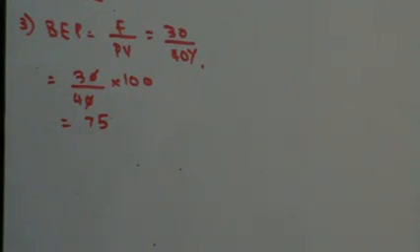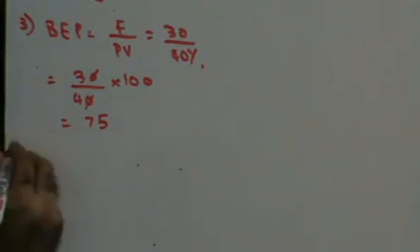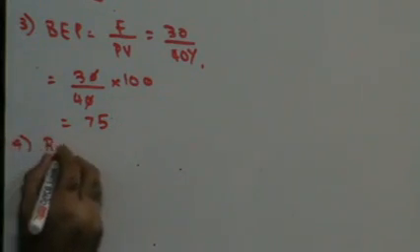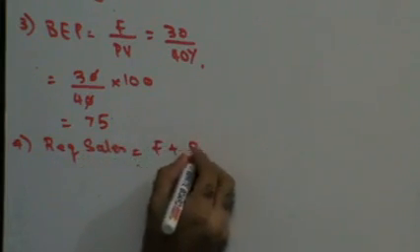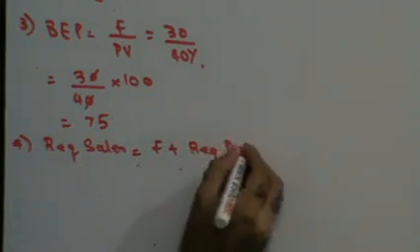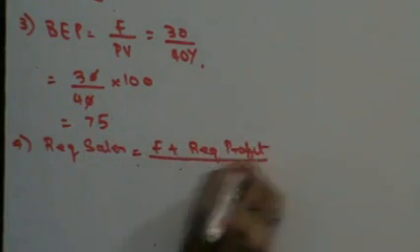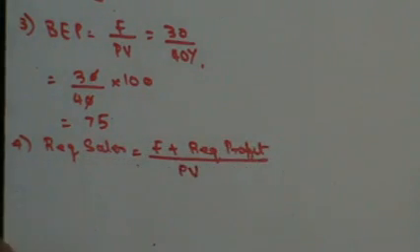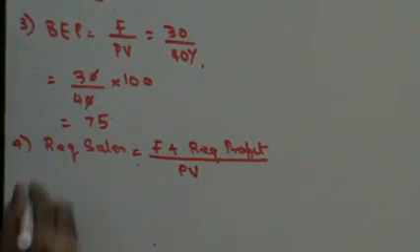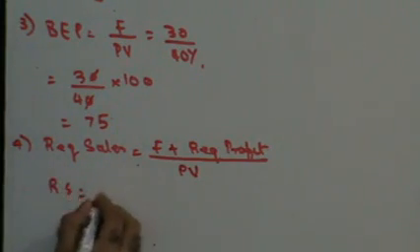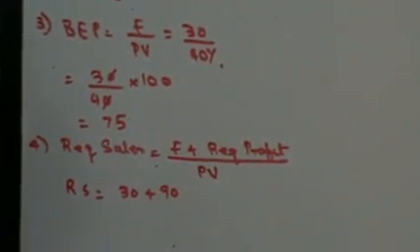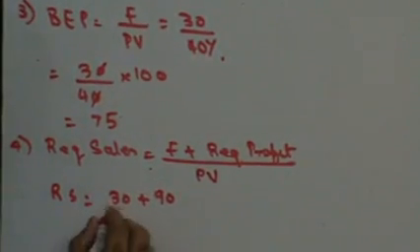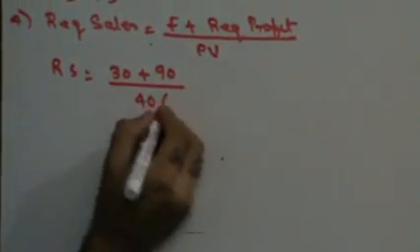Next, sales required to earn a profit of 90 lakhs. Required sales is F plus required profit upon PV. Fixed cost we know is 30. Profit you want to earn 90 upon PV is 40%.